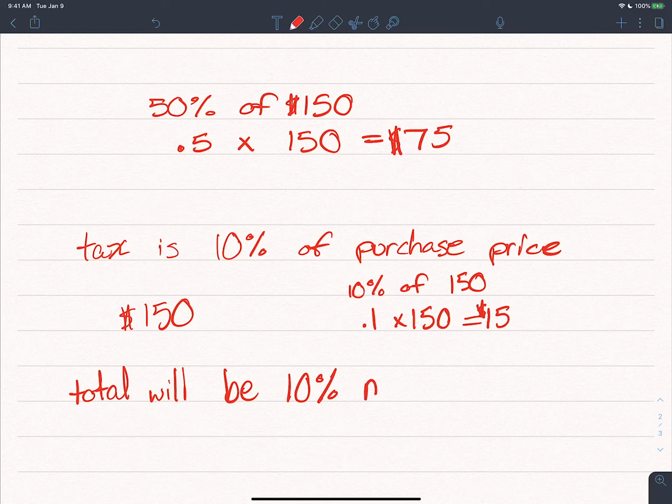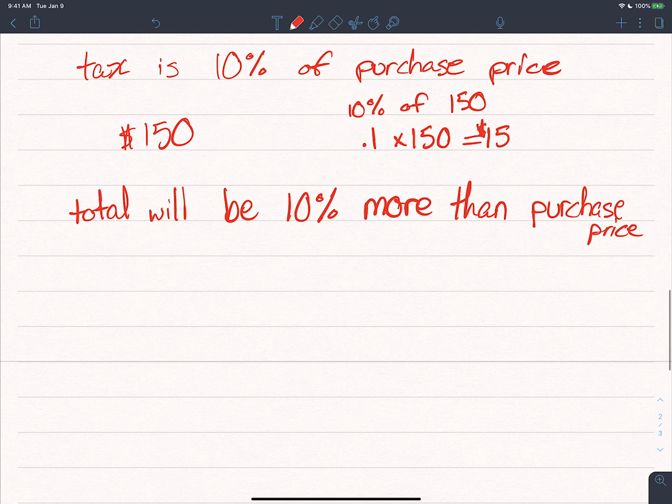Notice what I do here. 10% more than the purchase price. And when we say this more than, it includes the addition. That's what more than includes.